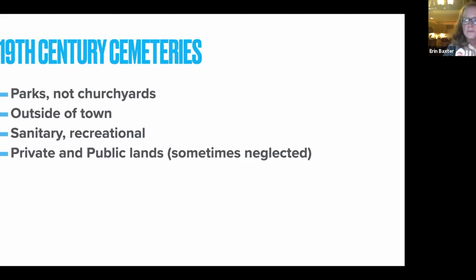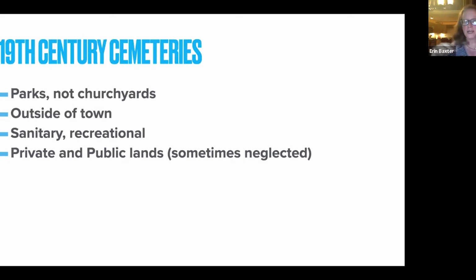This was partially too because of a number of wars and a number of pandemics that we suffered that increased the number of dead in the United States, and the churches were at capacity. So that's why we often have, or used to have, large rolling churchyard or cemeteries on the outskirts of town. Many of these now, though, have been engulfed by the towns around them, and that limits their expansion capabilities. And we'll talk about space in just a minute.